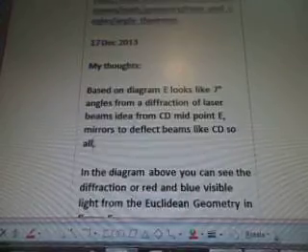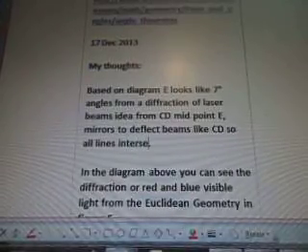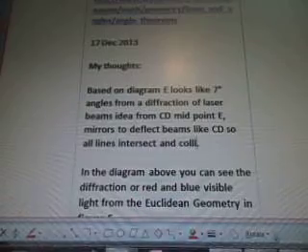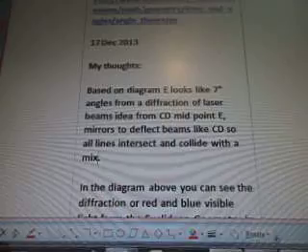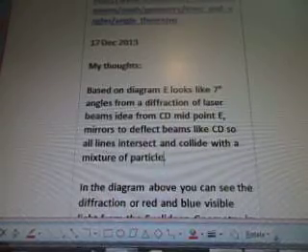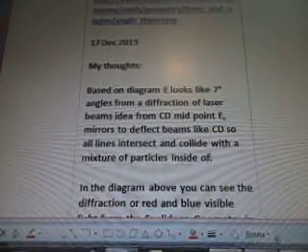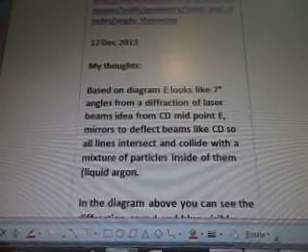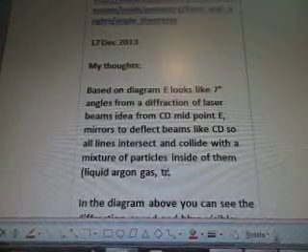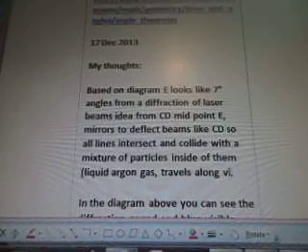So all lines intersect and collide with a mixture of particles inside of them. So that would be the liquid argon gas, which travels along visible light.